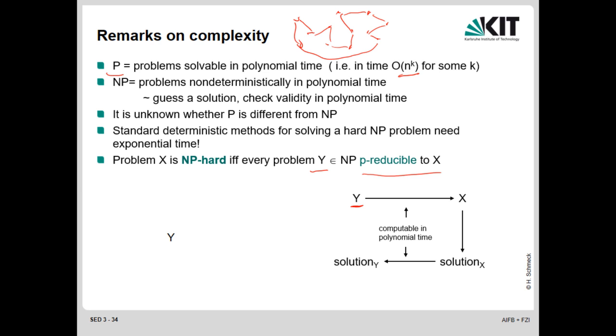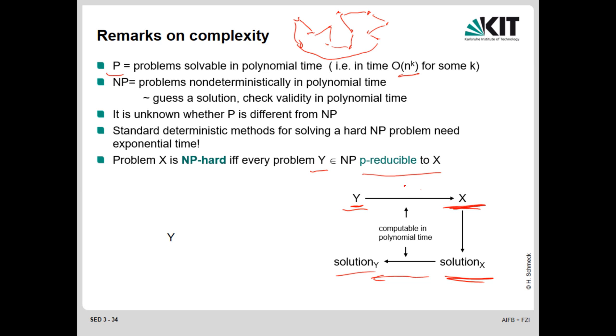Okay, so I would like to explain now what it means that this is P reducible. If we have a problem y, we reduce it into a problem x. For example, the traveling salesperson problem to some scheduling problem. And then we get a solution for the scheduling problem and somehow can transform that into a solution of the traveling salesperson problem.